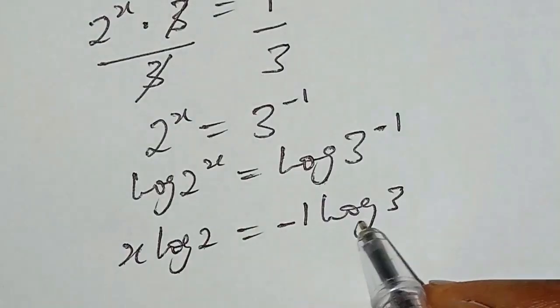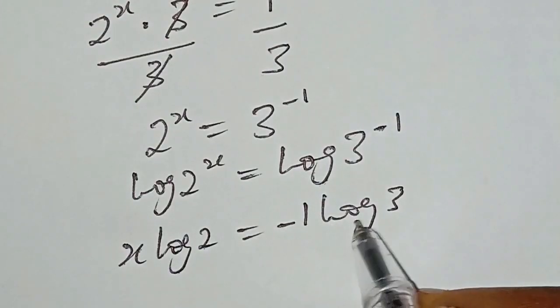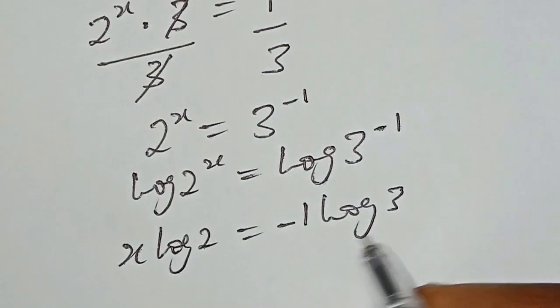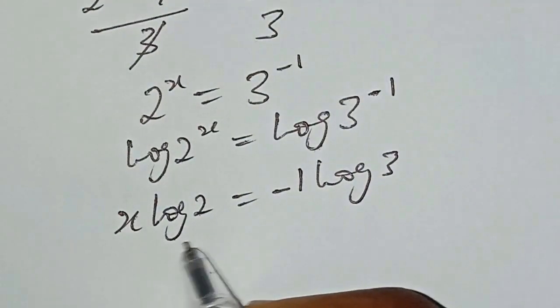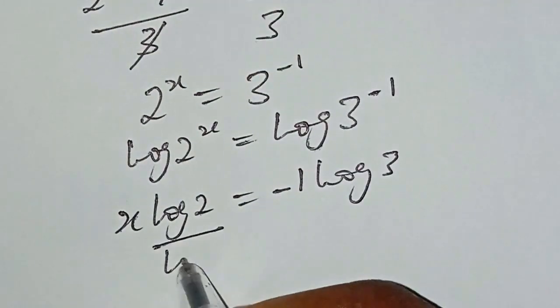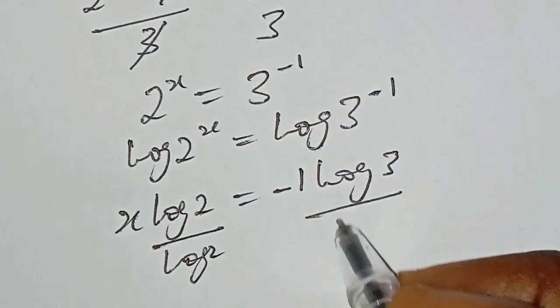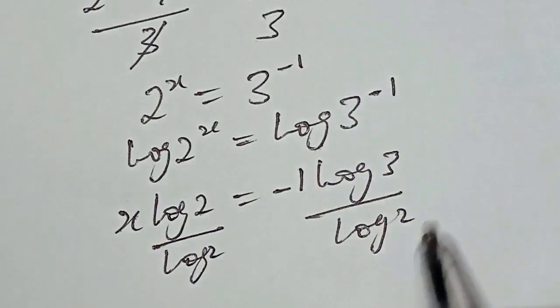So minus 1 log 3, if we multiply together, will give us minus log 3. Then we divide both sides by log 2.